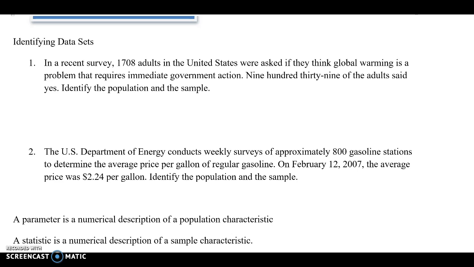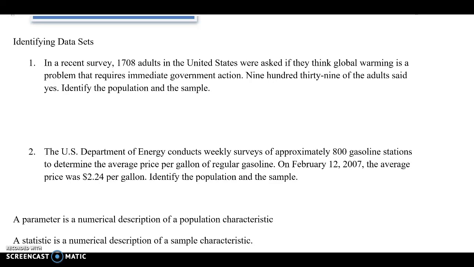Identify the population and the sample. What do you think is the population? And what is the sample? Please pause this video for a second and think about that before restarting.